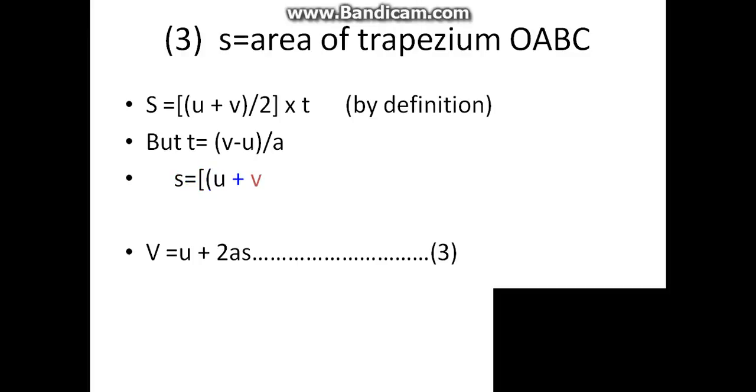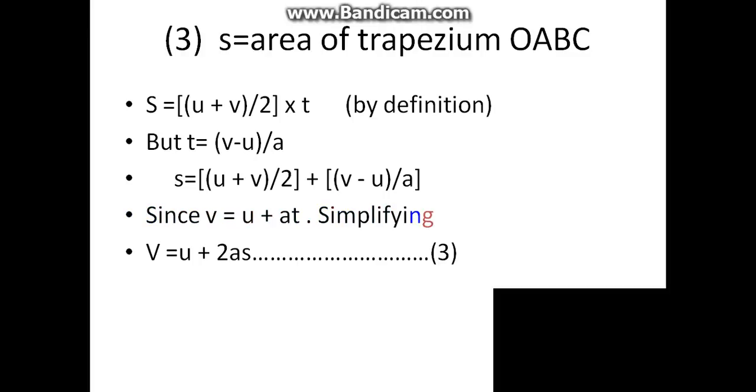Substituting, we have (u plus v) over 2 times (v minus u) over a. Simplifying, we have v squared is equal to u squared plus 2as.